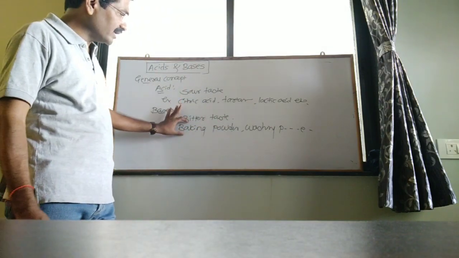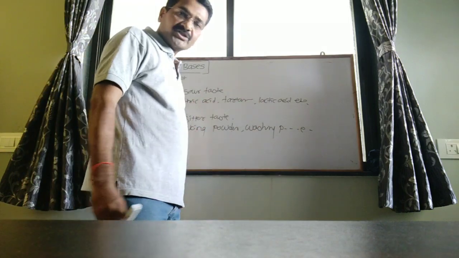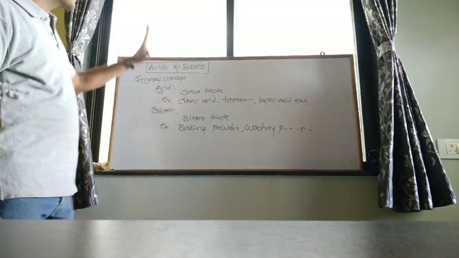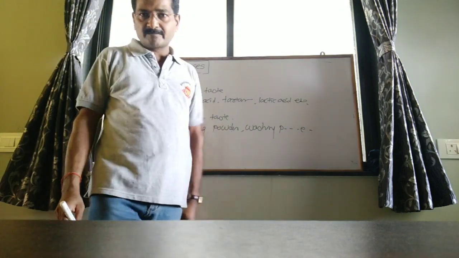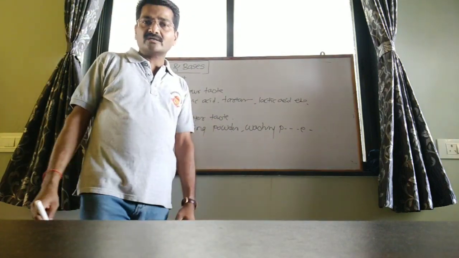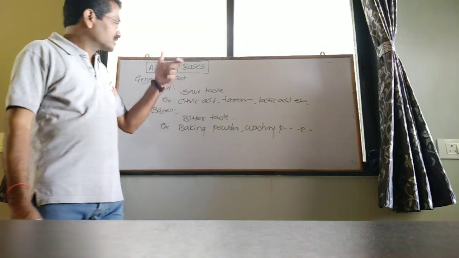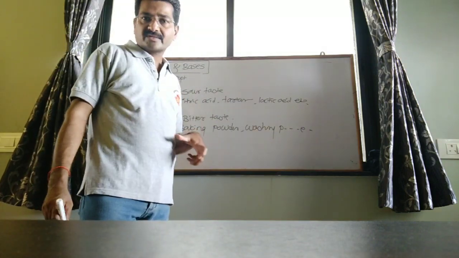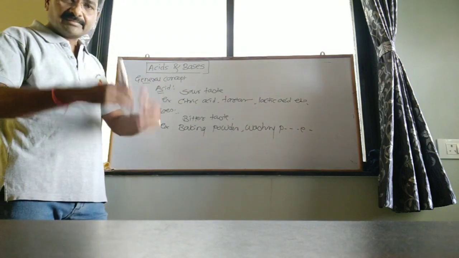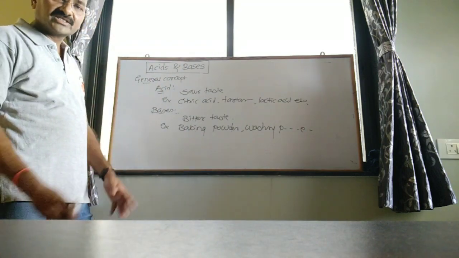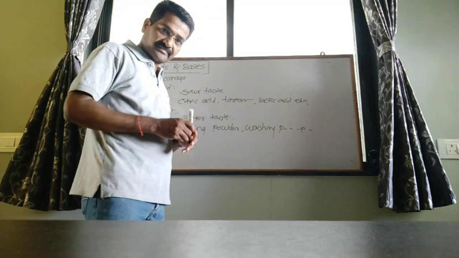Sodium bicarbonate is baking powder and sodium carbonate is washing powder. This general concept has some lacunae. We cannot give scientific reasons behind it, so new concepts were demonstrated, called modern concepts.